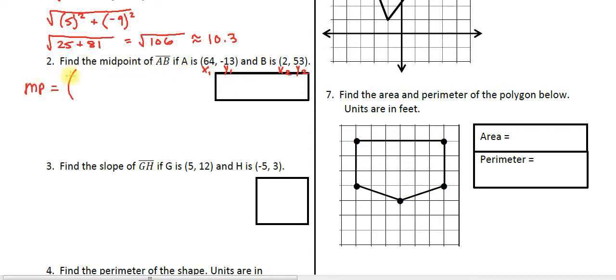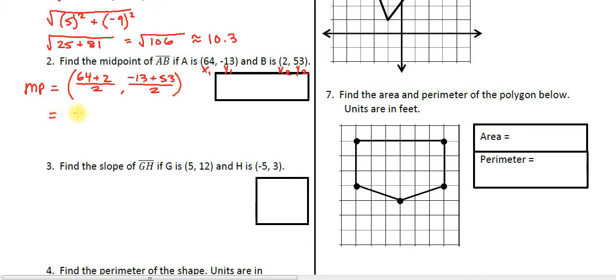So the midpoint is equal to x sub 1, which is 64, plus x sub 2, which is 2, and that all is over 2. We divide that by 2. There's our x value of our midpoint. And then we've got negative 13 plus 53, y sub 1 plus y sub 2 over 2.